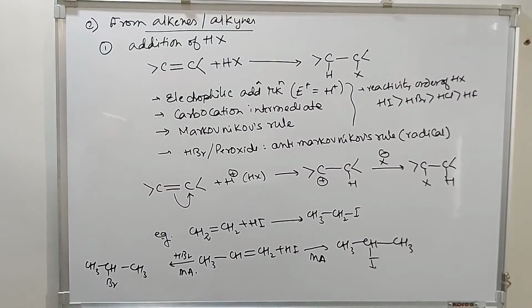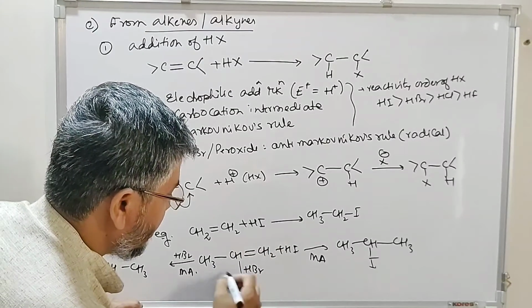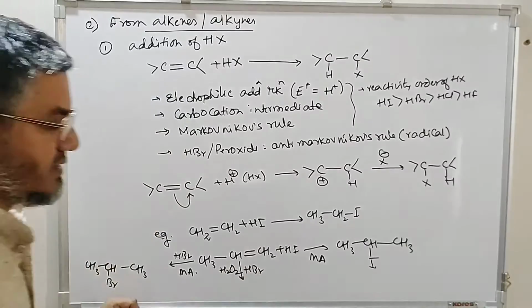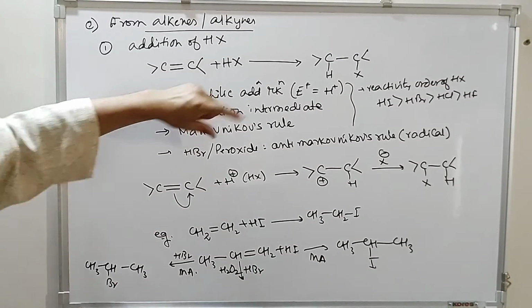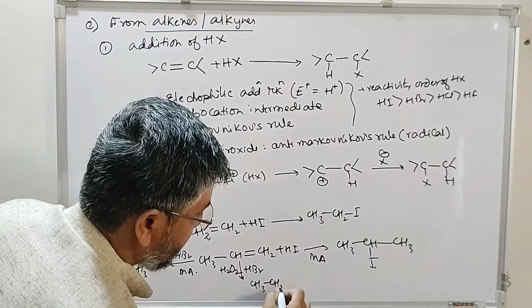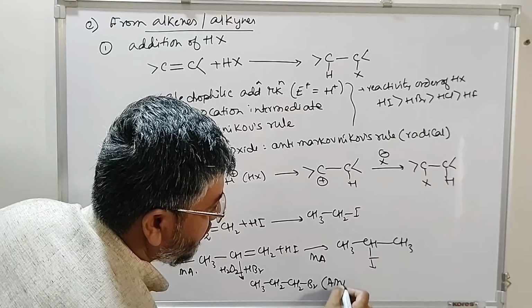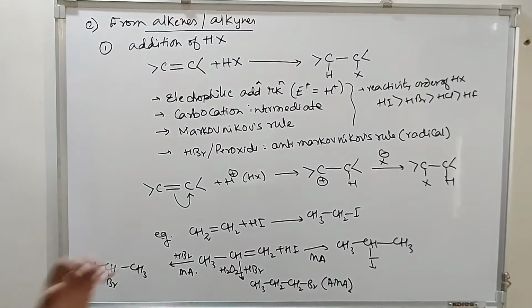But if the reaction is carried out in presence of peroxide, I react this with HBr in presence of hydrogen peroxide, the reaction is anti-Markovnikov's addition, so CH3CH2CH2Br is the anti-Markovnikov's addition product. So we have to keep in mind Markovnikov's addition and anti-Markovnikov's addition. That is addition of HX to alkenes.